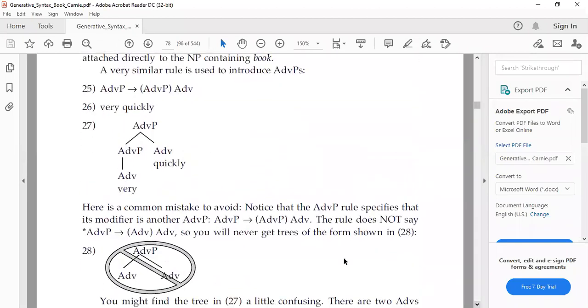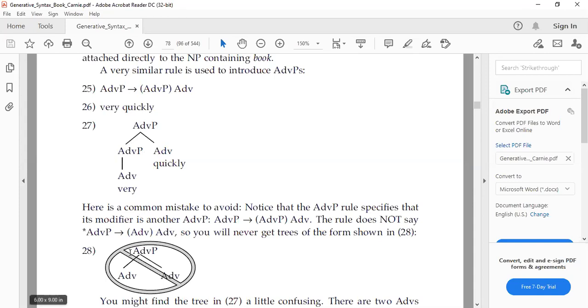And then we said that for the adverb phrase, the AdvP rule, we have an optional AdvP, then an obligatory Adv, the head. And we said, for "very quickly," we have to have AdvP, then higher Adv, then another Adv, then Adv.